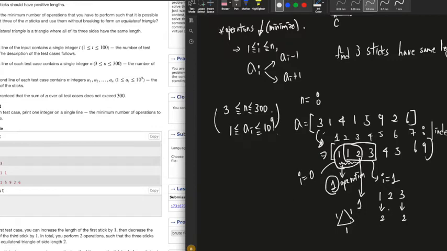The reason that I make them 2 is because the middle one should be the one to make the same length for sticks. That's the optimized minimum number of operations to make an equilateral triangle. So for this subset, we need 2 operations, which is greater than the one before, and it goes on and on.